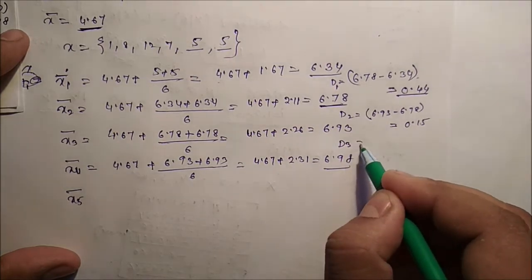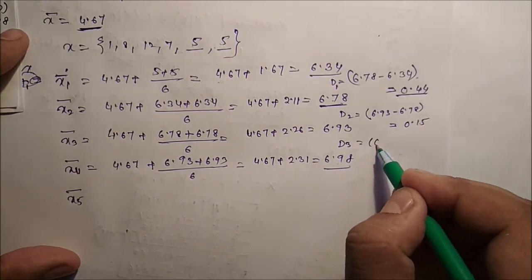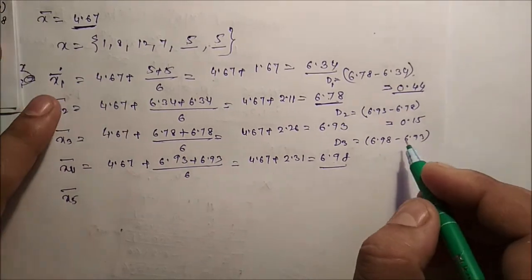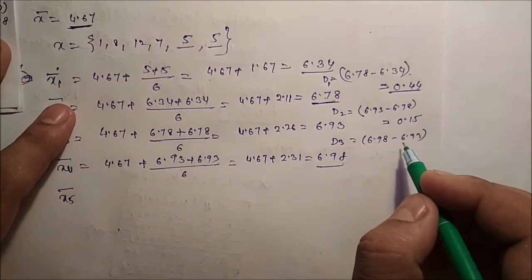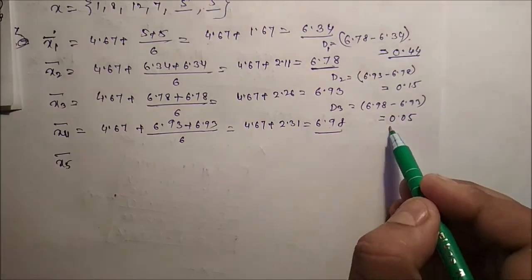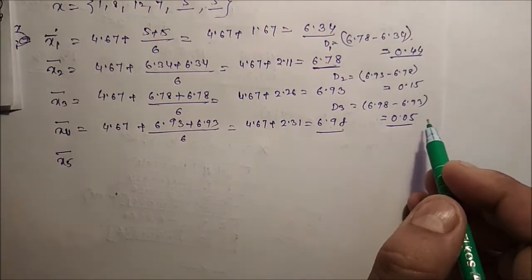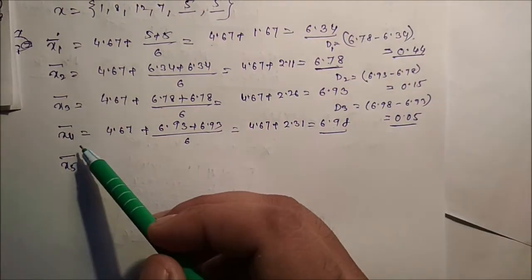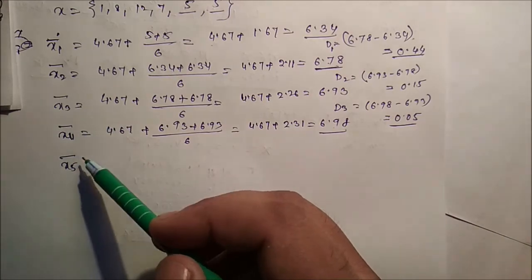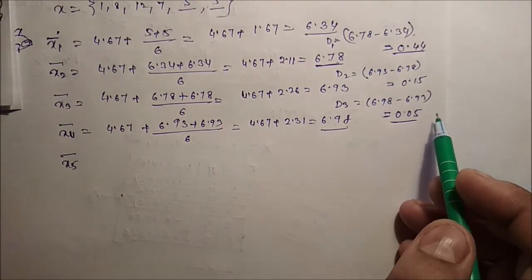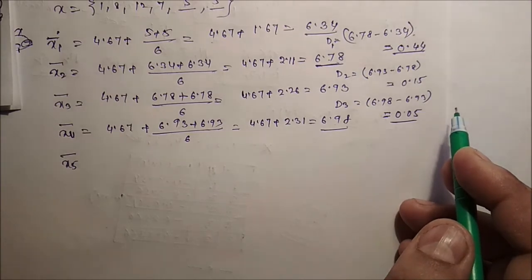Similarly, the difference between 6.98 and 6.93 is 0.05. This is our convergence criterion. If the difference between the previous mean and the current mean is less than or equal to 0.05, then we can stop the process.